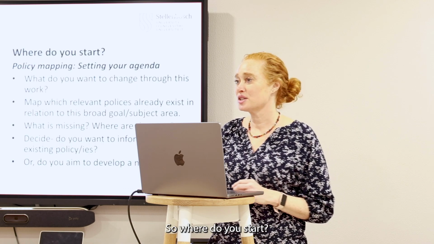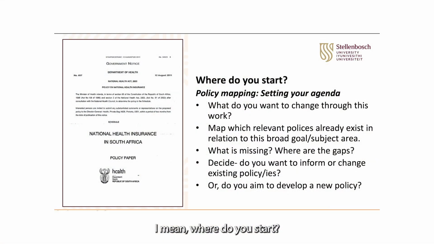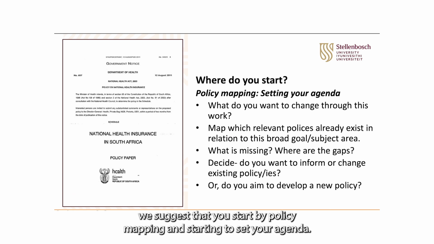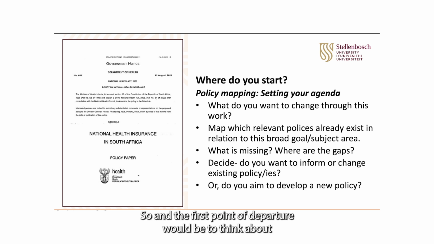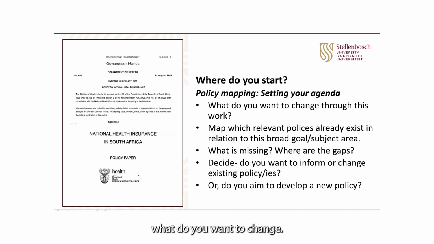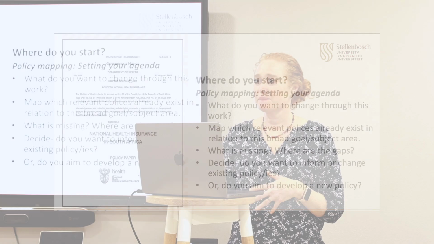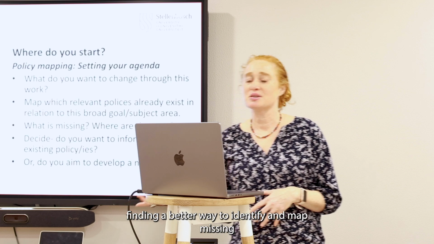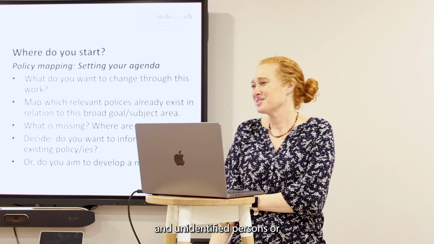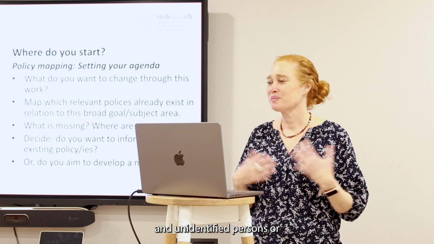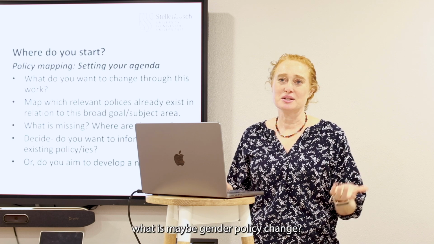So where do you start? It's quite daunting. We suggest that you start by policy mapping and setting your agenda. The first point of departure is to think about what you want to change. Broadly through your public square, what is your broad goal? Would it be finding a better way to identify and map missing unidentified persons, or maybe gender policy change?